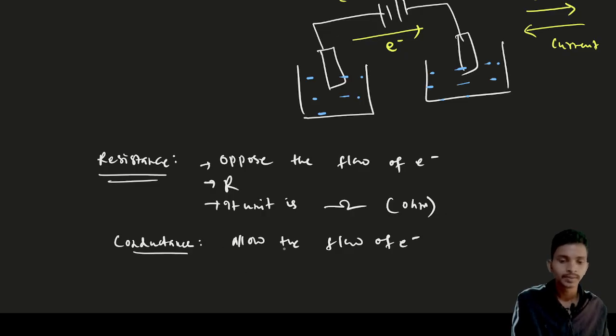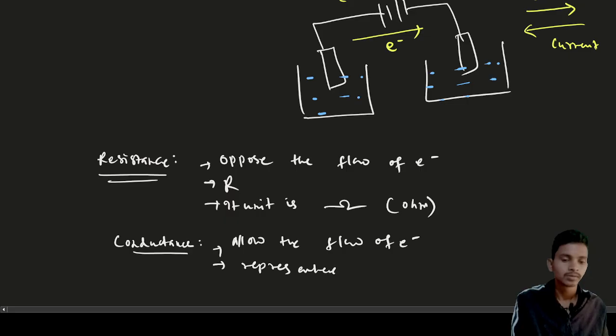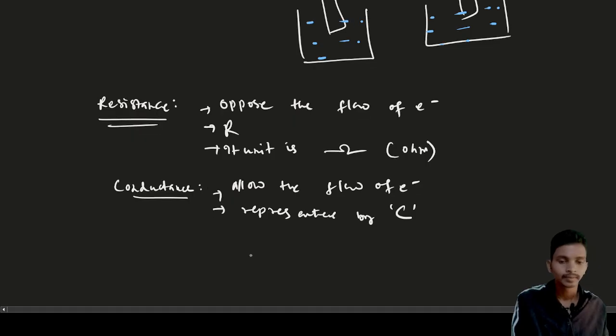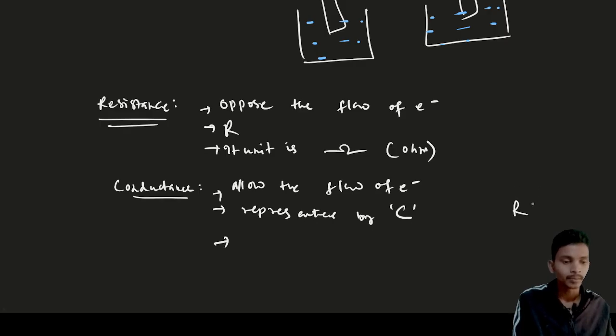It is represented by C. Since resistance and conductance are opposite, conductance is 1 by resistance.